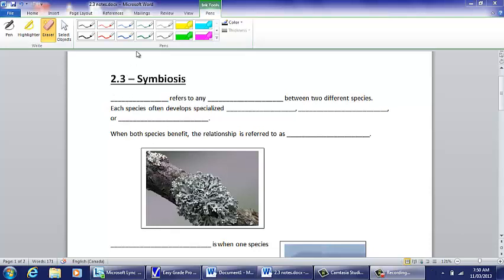In this section, we will be looking at symbiosis. Anytime there is a close relationship between two species, it is referred to as symbiosis, or a symbiotic relationship. So the term symbiosis refers to any close relationship between two species.